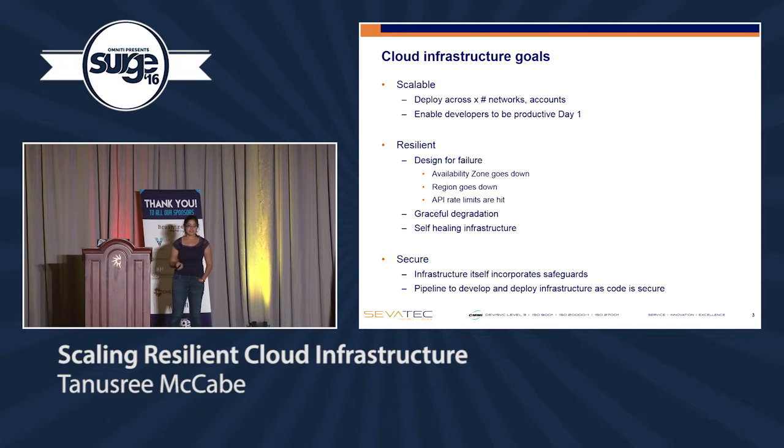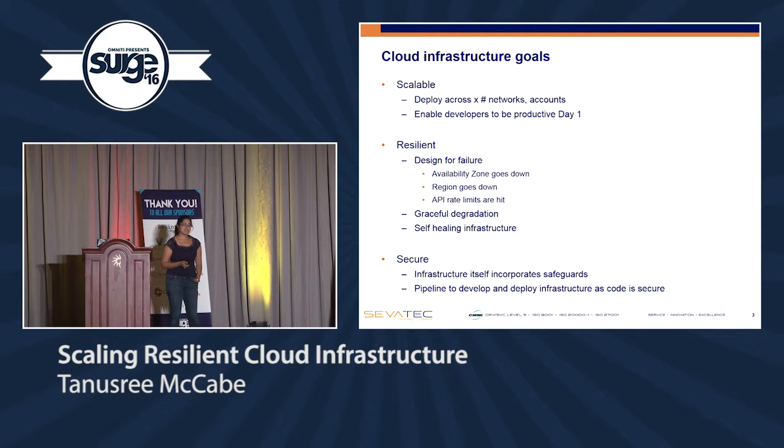So our cloud infrastructure needs to be scalable, right? It needs to be resilient, it needs to be secure. And what do I mean by that? So if you're going to scale, your infrastructure itself needs to deploy across any number of networks or accounts. And this is kind of a softer message, but the whole point of cloud to me is being able to promote innovation. And that comes from being able to make your developers productive.